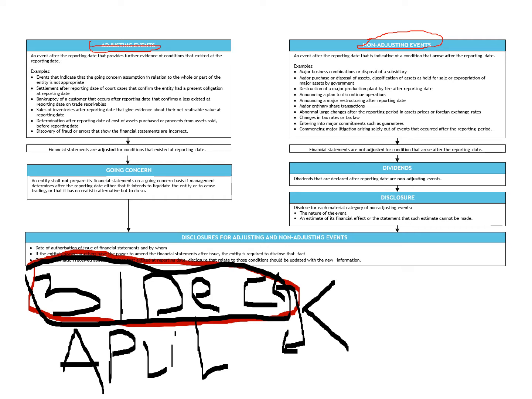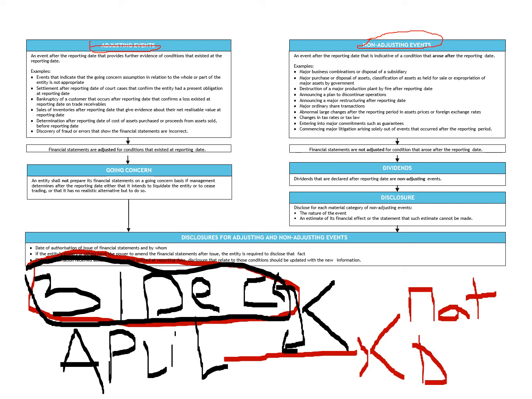For the non-adjusting events, it's all about two things: materiality and disclosures.